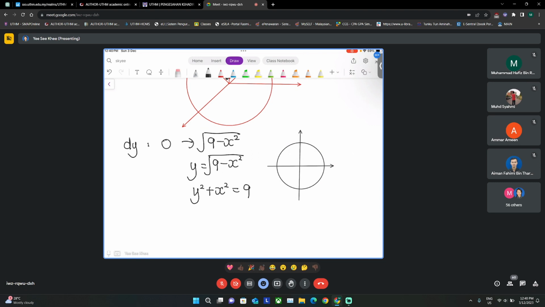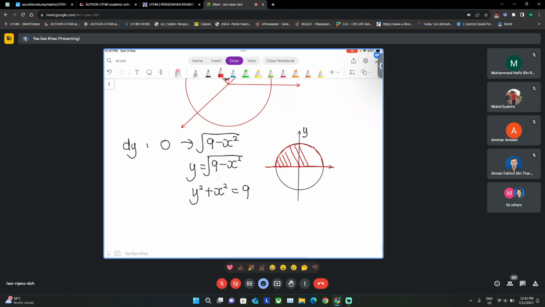So y is from 0 until the equation of the circle. 0 is here, and the equation of the circle is here. So it represents the upper part of the circle.